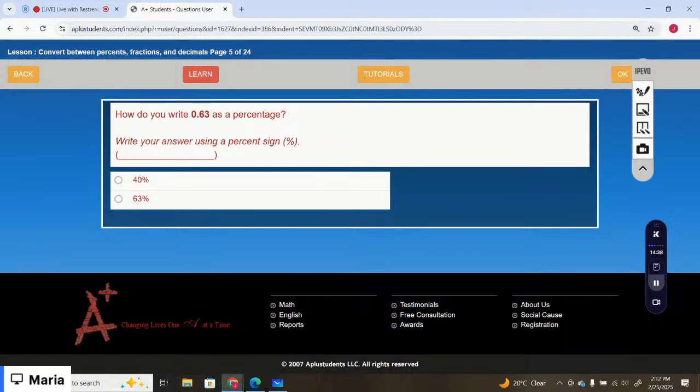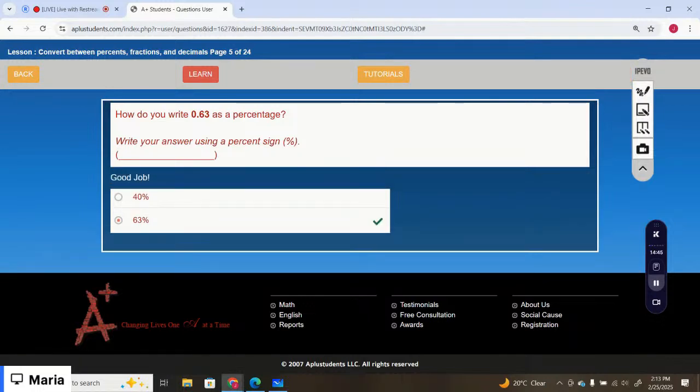The correct option is 63%. 0.3 times 100 is 63%. That is option number 2.